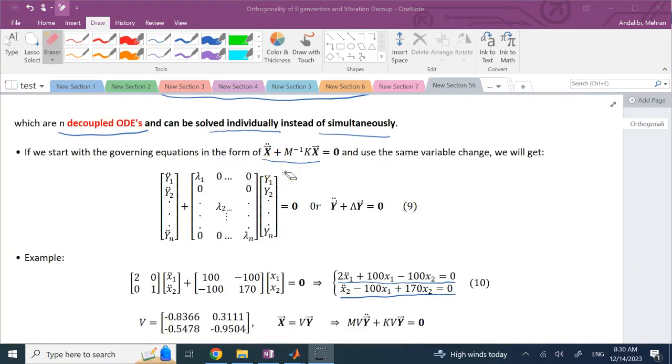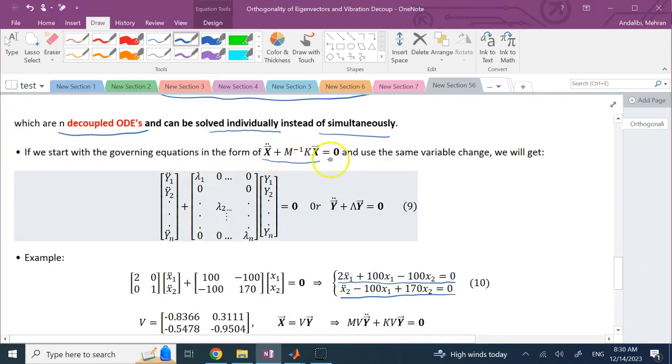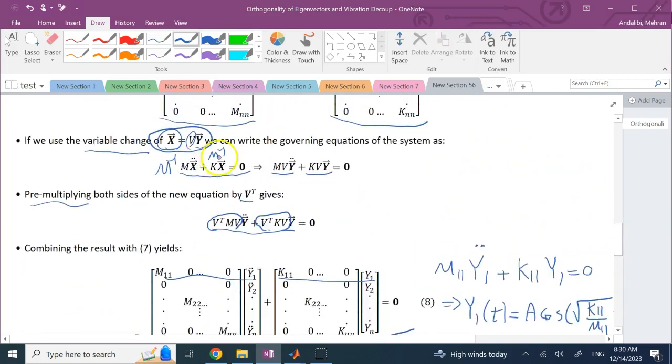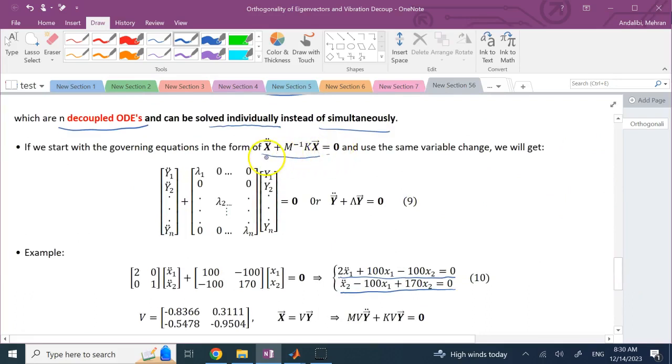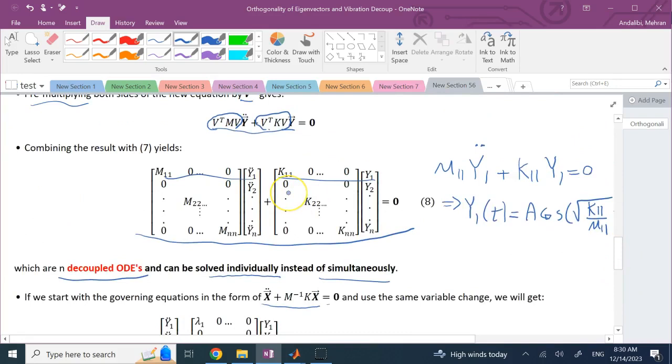Another way to talk about it is if we start with the original governing equations like this. We just pre-multiply the original equation by m inverse, and we get this result. Or you can start from 8 and multiply both sides of it by the inverse of this matrix, which is not the original m, but like m prime.